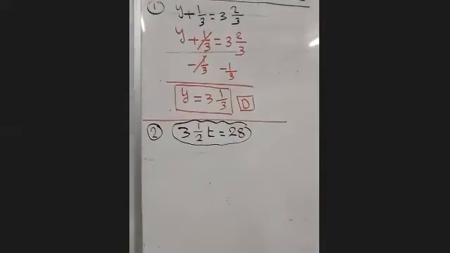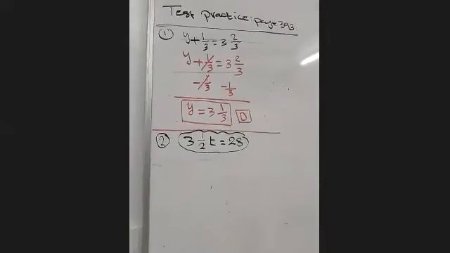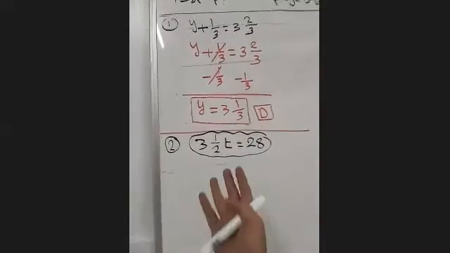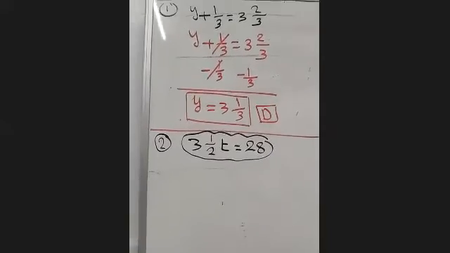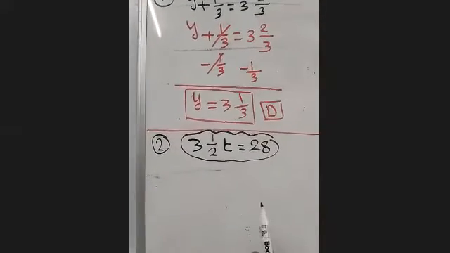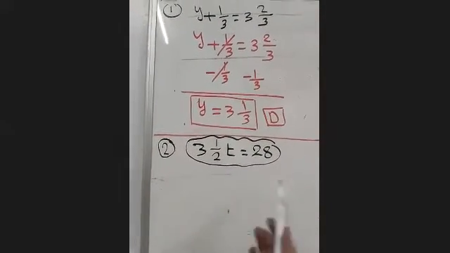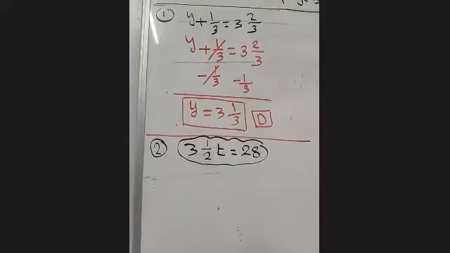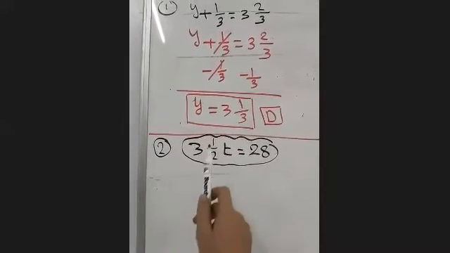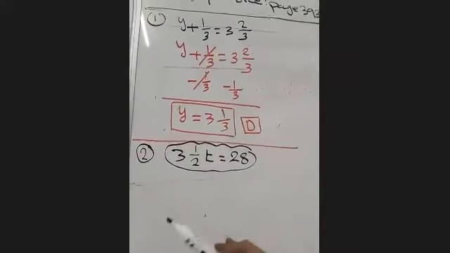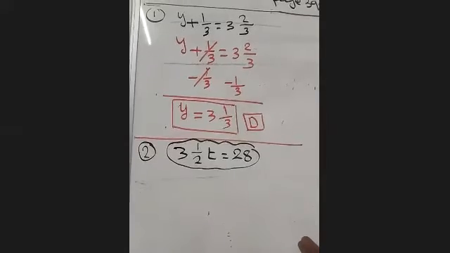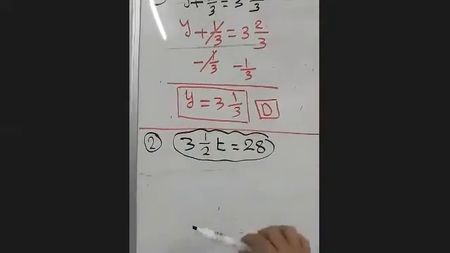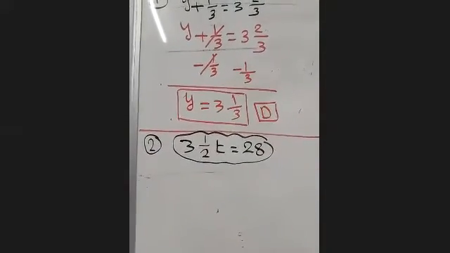Or we can solve the equation. Since it is multiplication, we divide both sides by 3.5. So in place of guess, check, and revise, we can solve the equation to get the exact value of t. Got it?